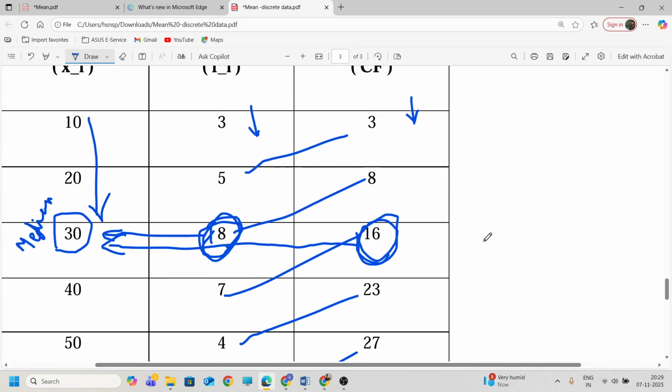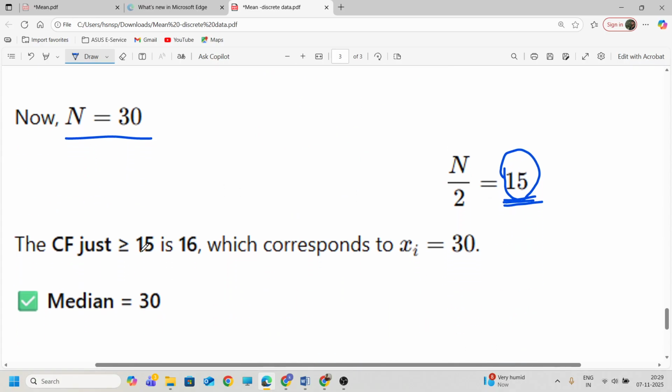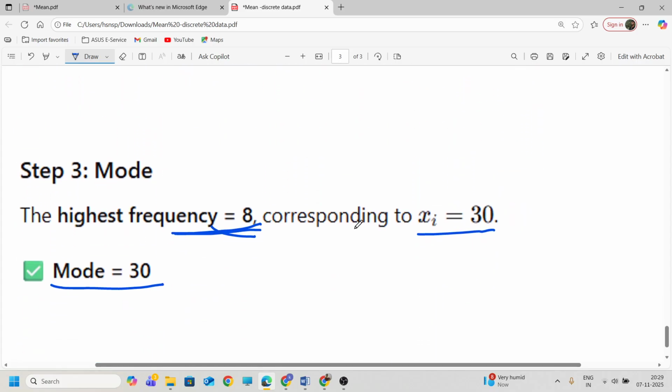Median: cumulative frequency we need to find, n by 2 we find, and the nearest cumulative frequency to n by 2, its corresponding data x is called the median, the middlemost value. And mode: the maximum frequency's corresponding data is called the mode.